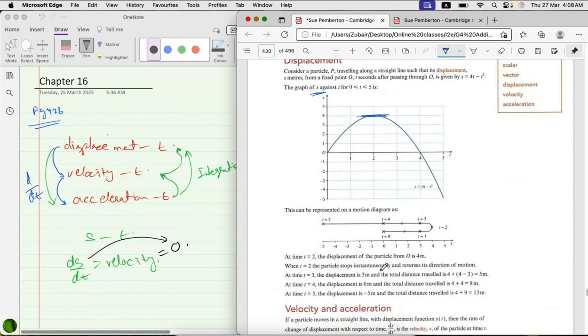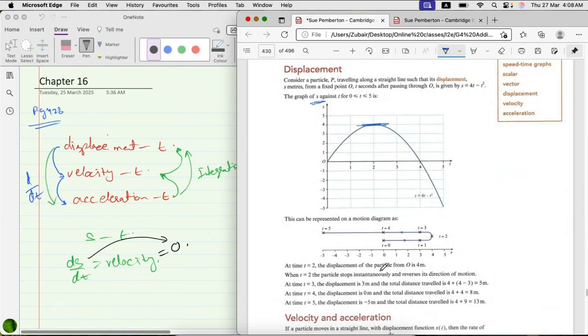If I just tell you to find the turning point, this is the equation: s is equal to 4t minus t square. ds over dt at the turning point, gradient is 0, so this is 4 minus 2t. 0 is equal to 4 minus 2t, 2t is equal to 4, t is equal to 2.